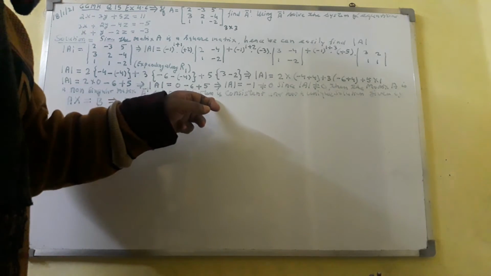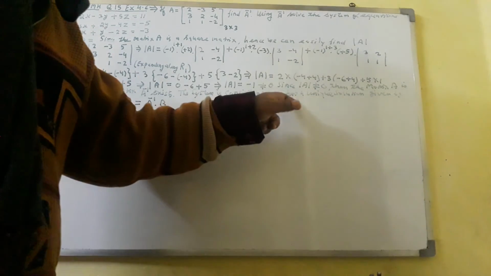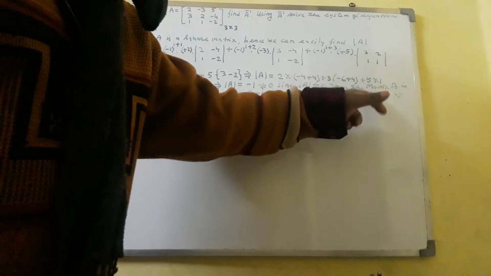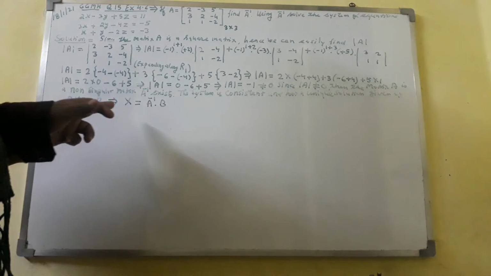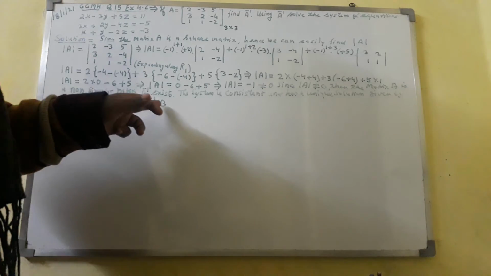The system is consistent and has a unique solution given by X is equal to A inverse dot B.